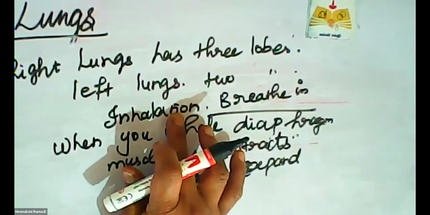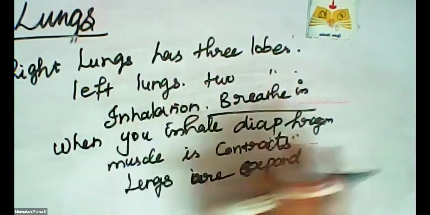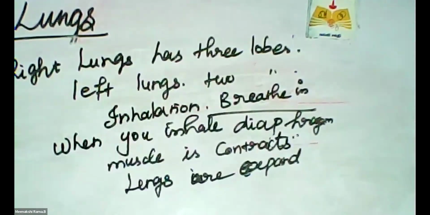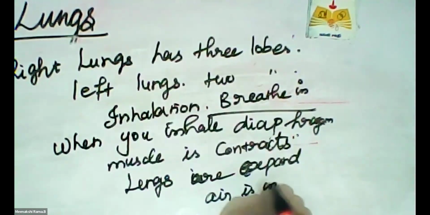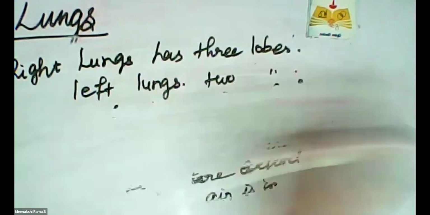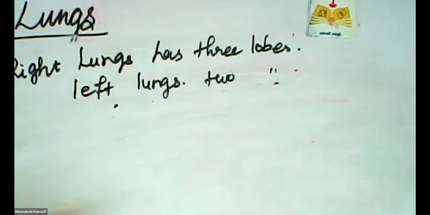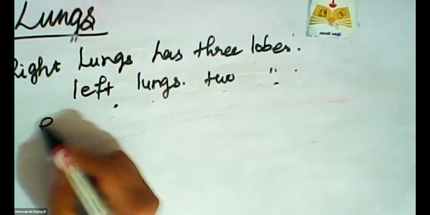When you inhale the air, the diaphragm muscles contract. Because of the contraction, the lungs expand and draw the air in. The other one is exhalation, the opposite of inhalation.